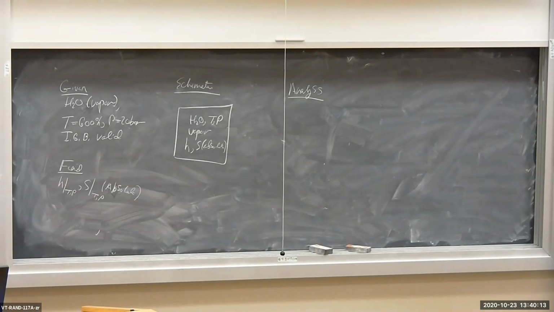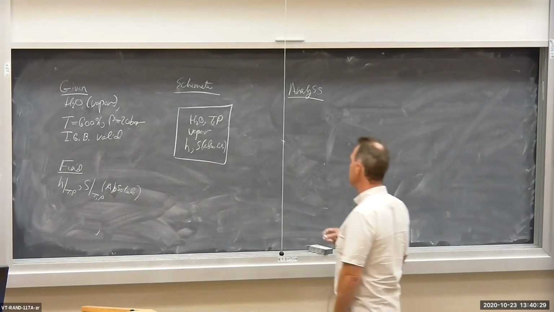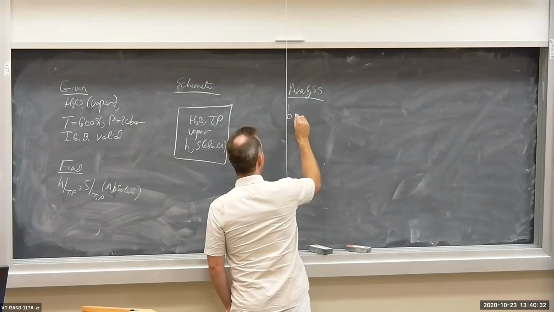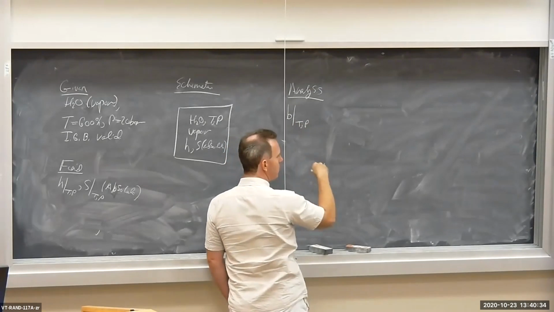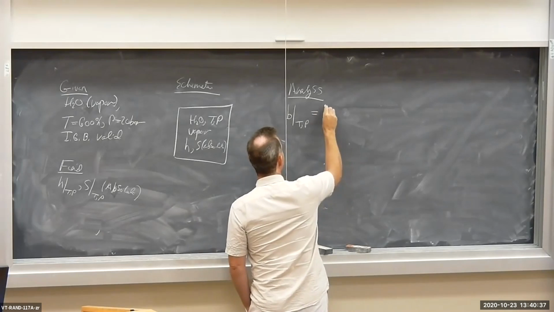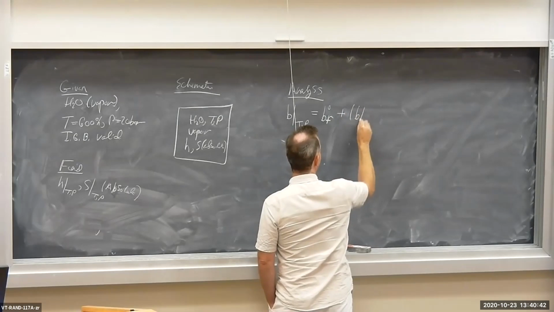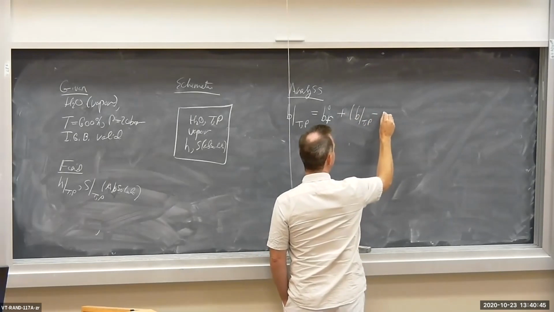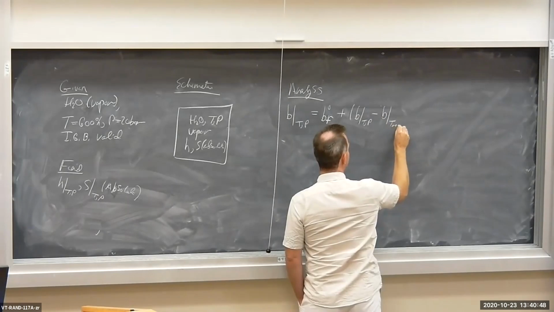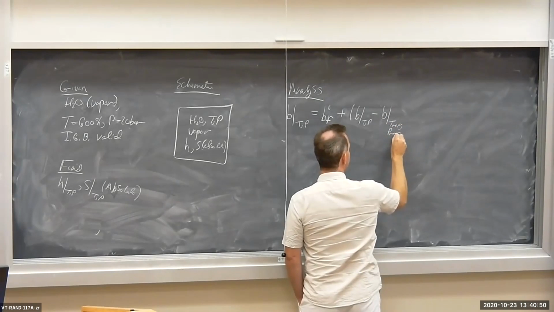This specific enthalpy and entropy will not be the same numerical value that you see in your IGB H2O property tables, because we're going to include the effects of chemistry. Okay, so let's get started here. So recall beta at some temperature and pressure, where beta is some kind of property, is equal to beta of formation plus beta evaluated at T and P minus beta evaluated at the reference temperature and pressure.